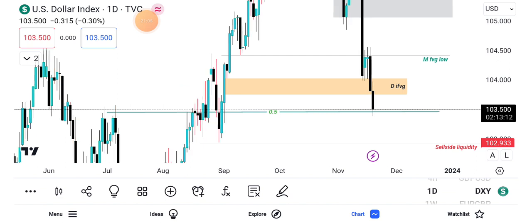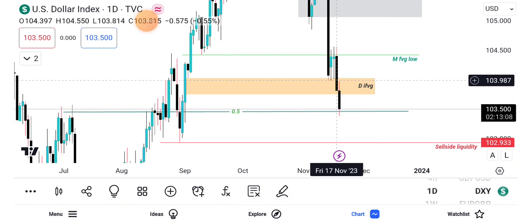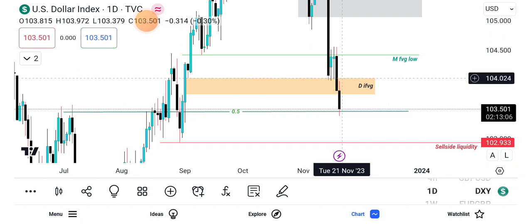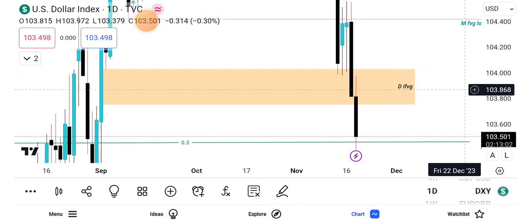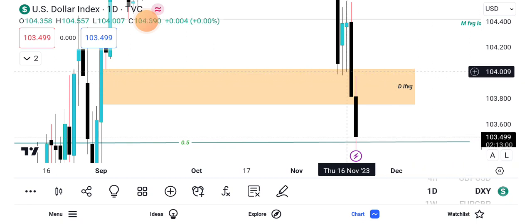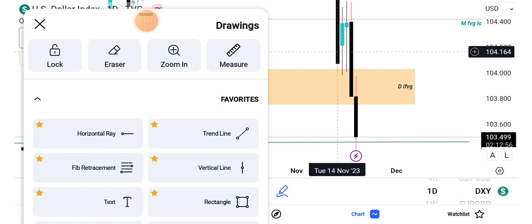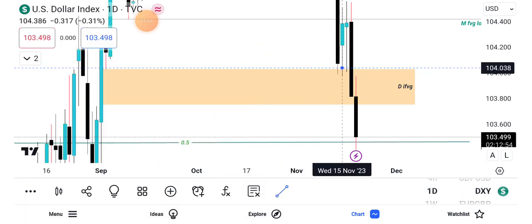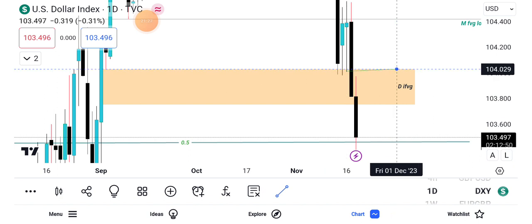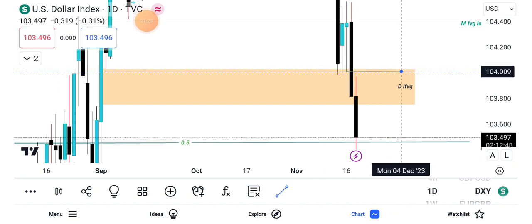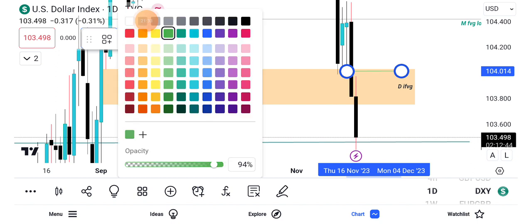Yeah, so today's candle rallied and didn't create, we can see a fair value gap here. We'll watch whether it will be traded through. So it's a point of interest.